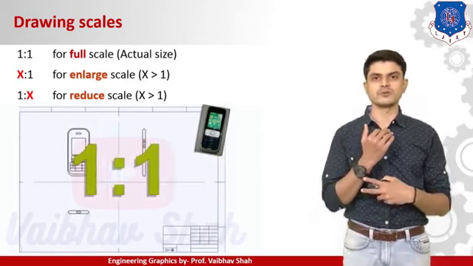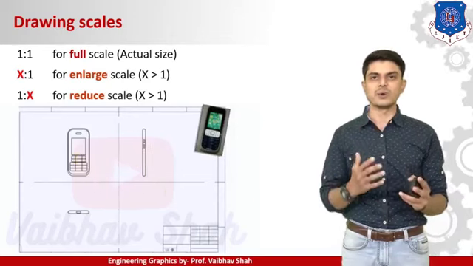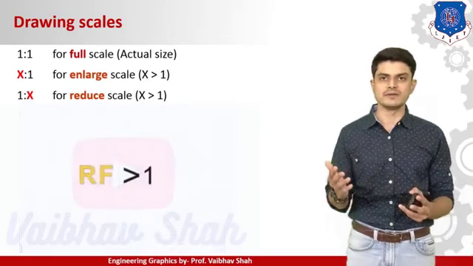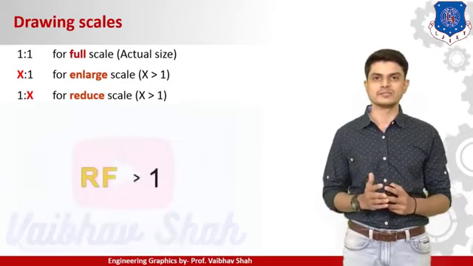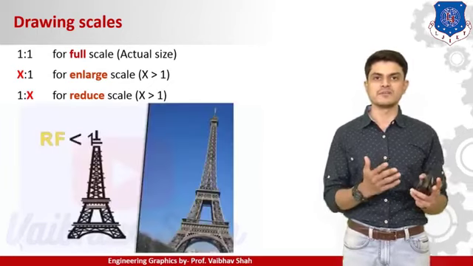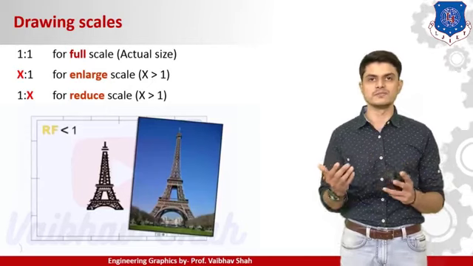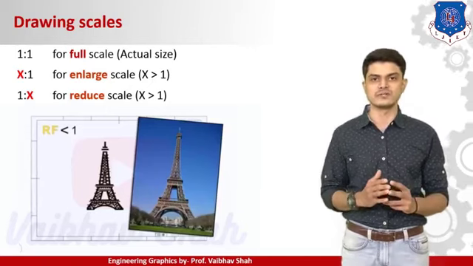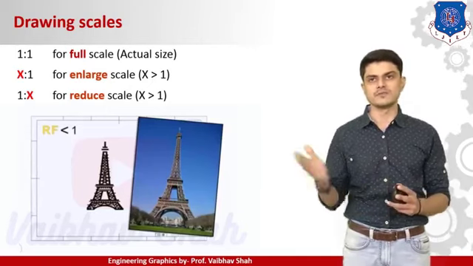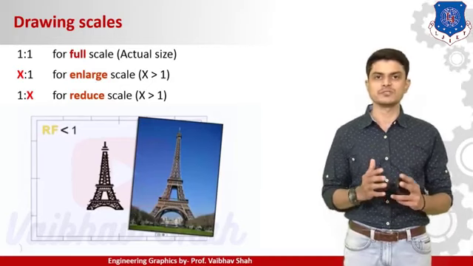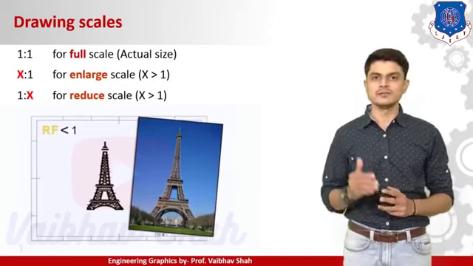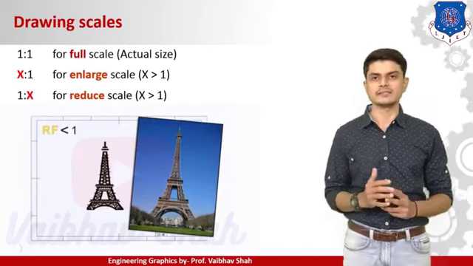Suppose we need to draw the components of a watch like this, we need to enlarge the dimension of the watch, and we will have RF greater than 1. Suppose we have the Eiffel Tower and need to draw it into a drawing sheet, we need to reduce its dimension, so we will have RF less than 1. So these are the examples of your full scale, reduced scale and enlarged scale.